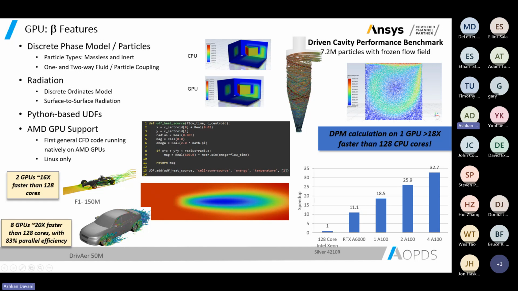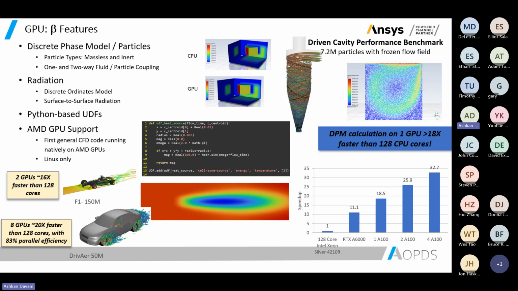There also have been updates with Python-based UDFs. I personally think these are easier than the regular old C and C++ UDFs that we have. GPU easily supports Python-based UDFs right now. And as of today, Ansys Fluent is the first general CFD software that runs on AMD GPU.